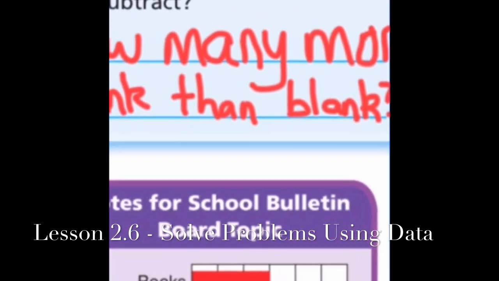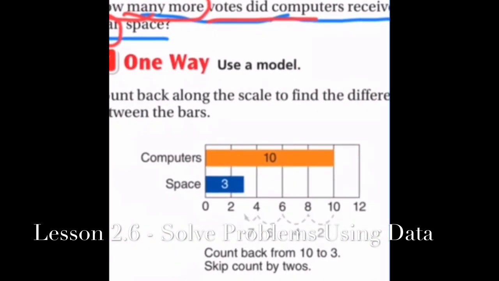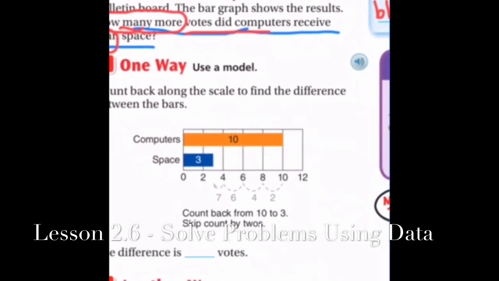How many more blank than blank? That tells us subtraction. So that's one thing we have to remember. How many more blank than blank tells us subtraction. Let's go ahead and get that written in there. If you need to pause the video, please do so.